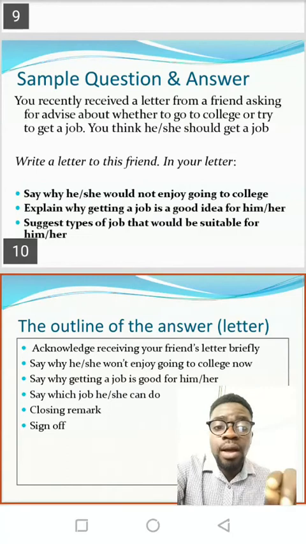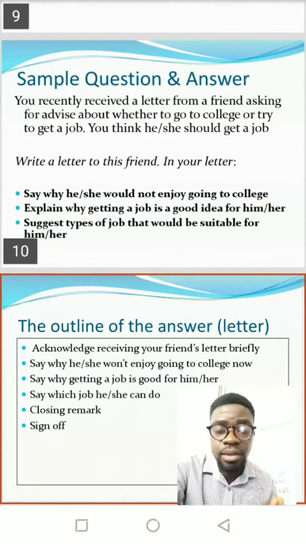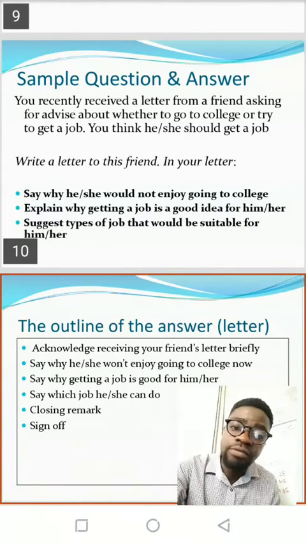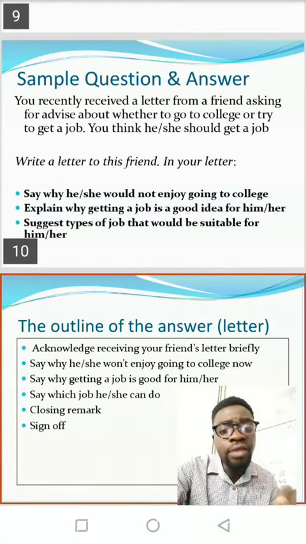If you address all these points in your letter, then you have achieved your task. But let's say you're able to mention why your friend will not enjoy going to college now, and then you didn't explain why they should get a job, and you couldn't suggest in your letter what kind of jobs your friend should get, then you have not achieved the task.